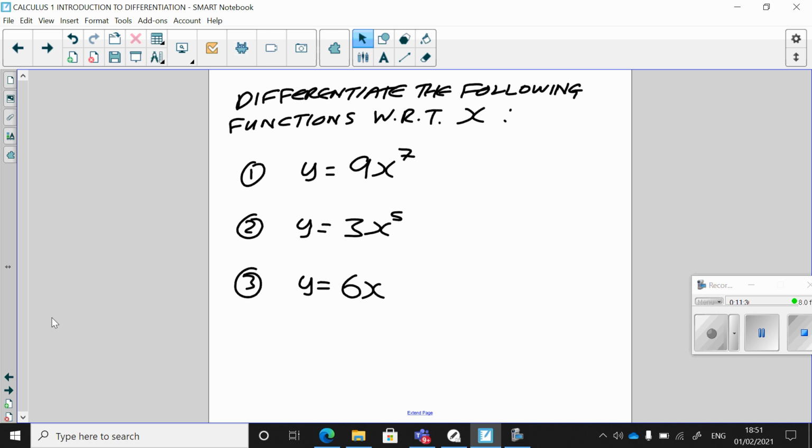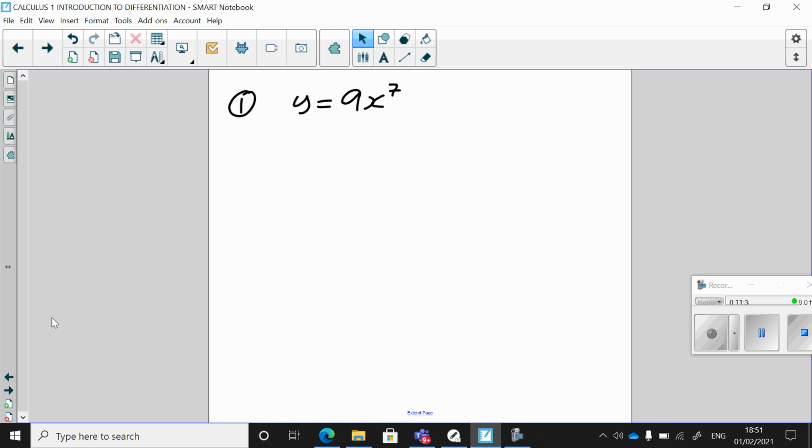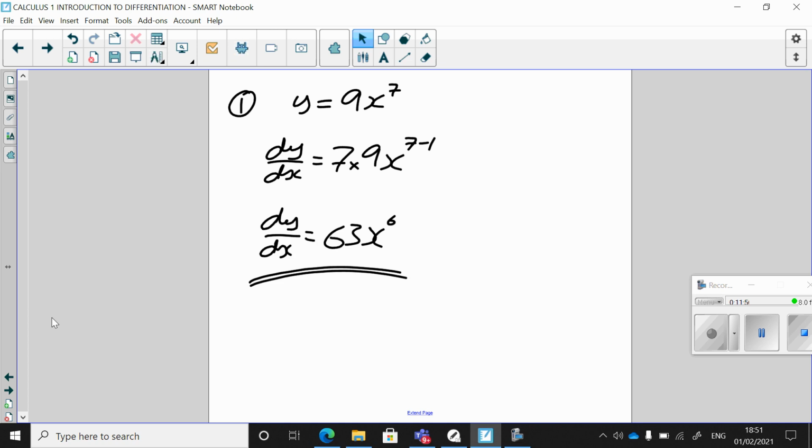Right, good. If you did, let's come back in very quickly. 9x to the 7. Bring the 7 down the front to multiply the 9. Keep the x here and reduce the power 7 by 1. Okay, 7 down the front, times the 9x, reduce the power by 1 and tidy up. 7 nines are 63, 7 take 1 is 6. That's you found the derivative of 9x to the 7.